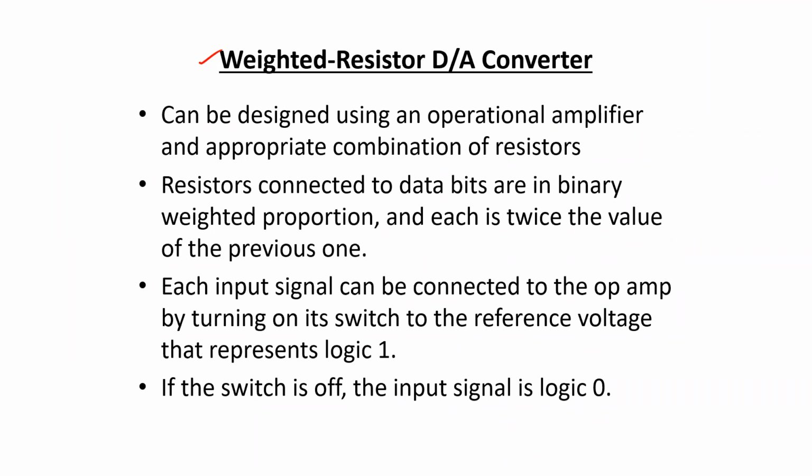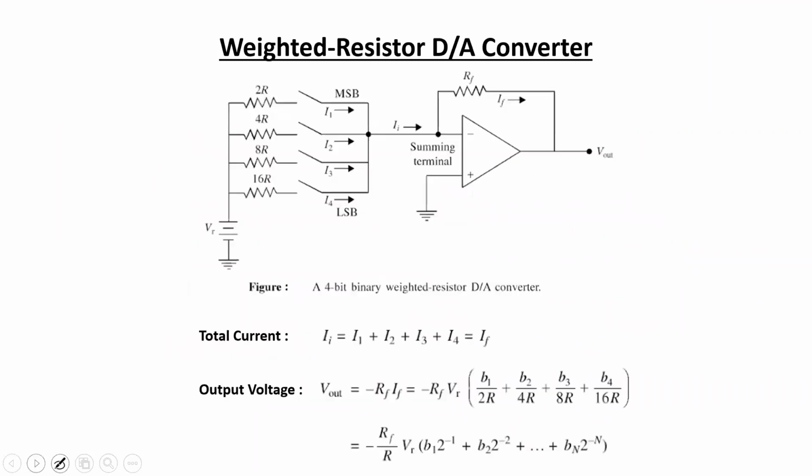Let us discuss the first one, the weighted resistor DA converter. Maybe you have studied it in one of your courses, maybe even in the digital logic course. I don't know whether it was introduced or not, but let us quickly go through its operation.